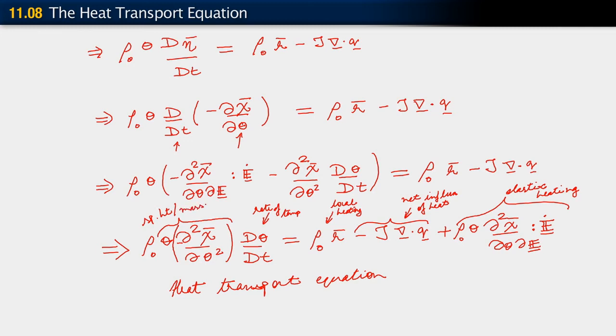So let me say a little more about just that last term. If we look at chi bar and we are looking at how chi bar varies with theta. Yes, it's a function of E as well, okay? But let's suppose we're looking only at how it varies with theta. What we are saying there is, because the specific heat is a positive quantity, that if the specific heat has that type of dependence with respect to theta, it has a negative curvature.